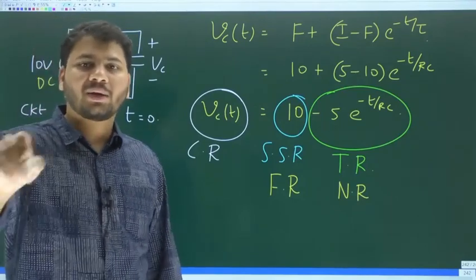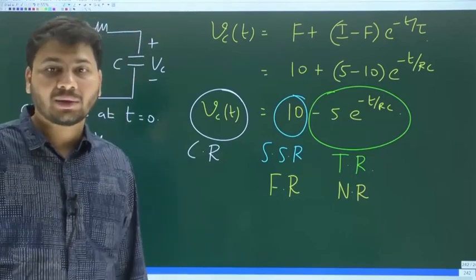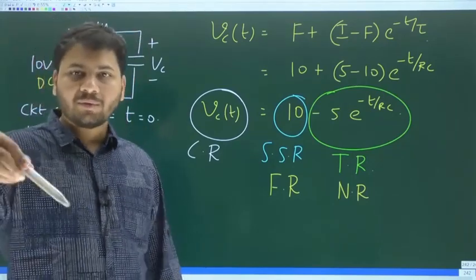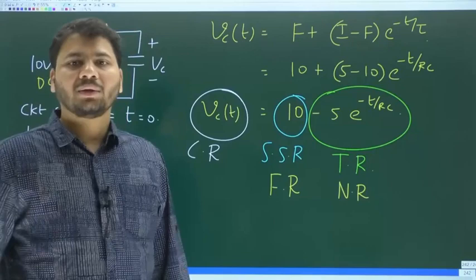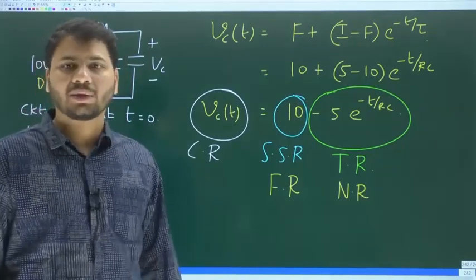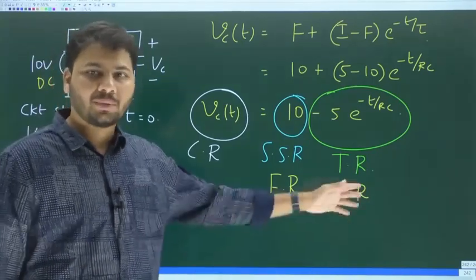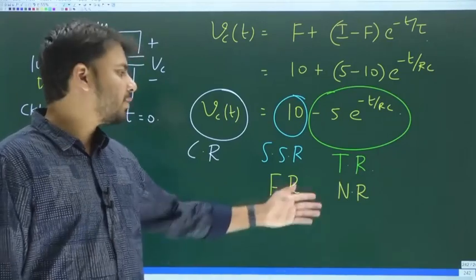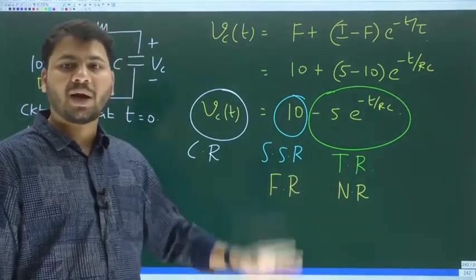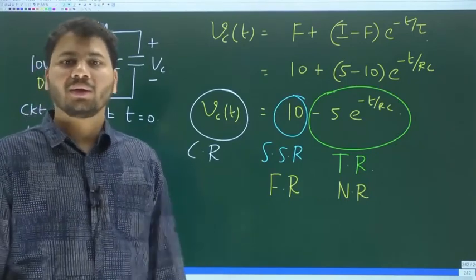And to form the characteristic equation, you should form the differential equation governing the circuit. From the differential equation, by assuming the solution to be some A times e power st, we get the characteristic equation. From the characteristic equation, we get poles. From poles, we get the natural response. And to the natural response, we always add the forced or the steady state response to get the complete response.